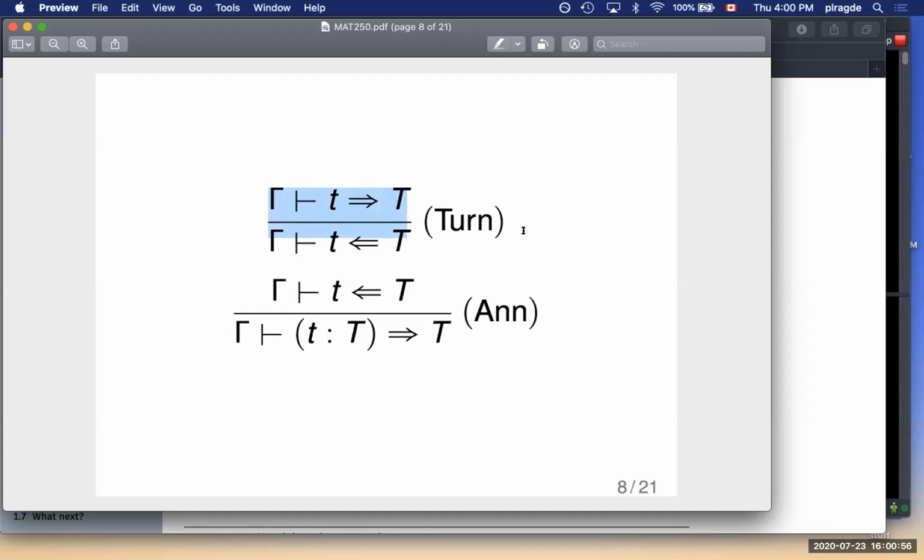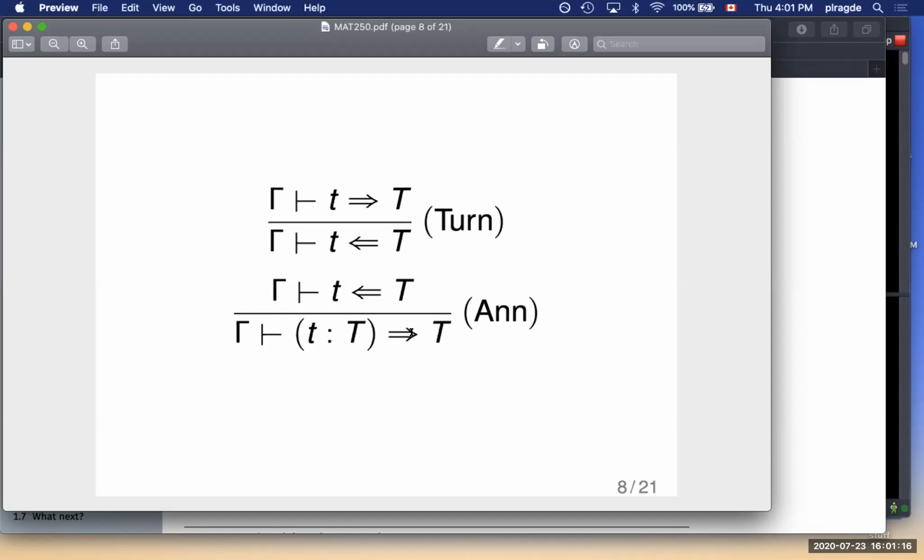And this is called the turn rule. It's turning the arrow around. That's what we really do in the code. We check to see if a rule applies for synthesis. And if not, we just recursively call the other function because we're going to do synthesis.